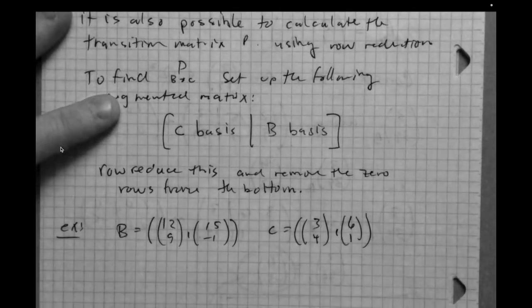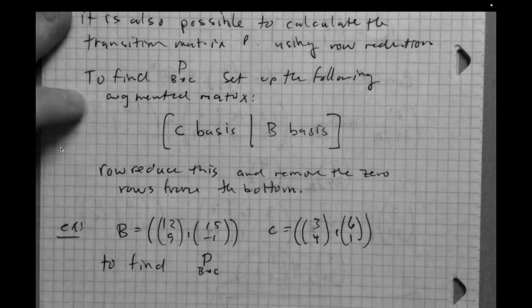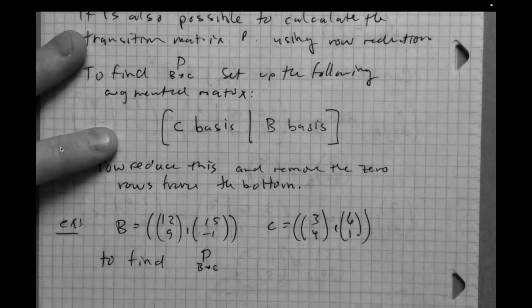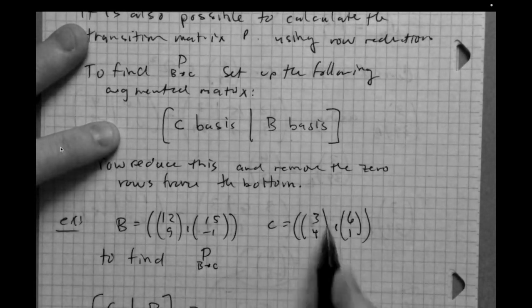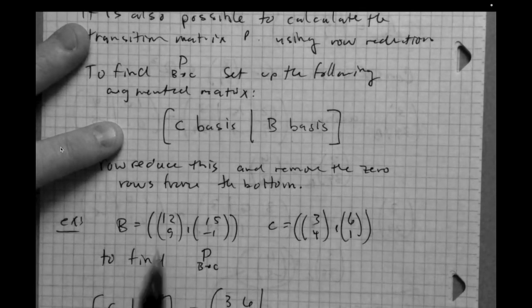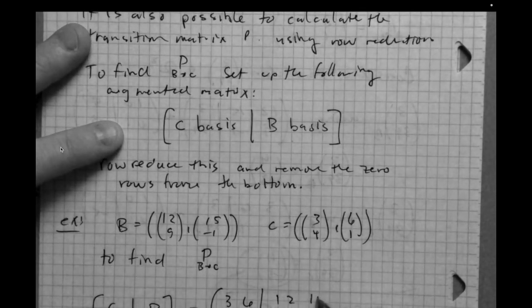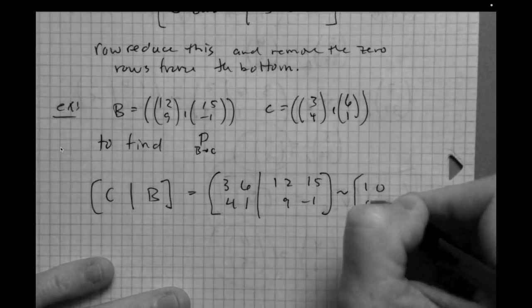So if I want to find P from B to C, I can just use this method. I need my C basis and my B basis. In this case, that's 3, 6, 4, 1. And then the other side is the B basis, so 12, 15, 9, negative 1. I need to row reduce that. When I do that row reduction, I get 1, 0, 0, 1.